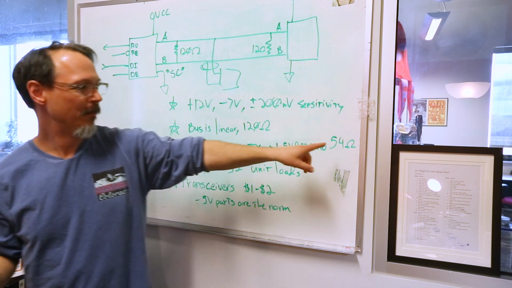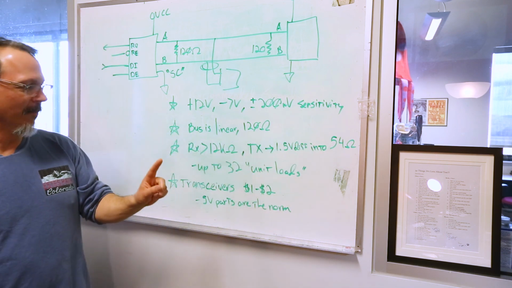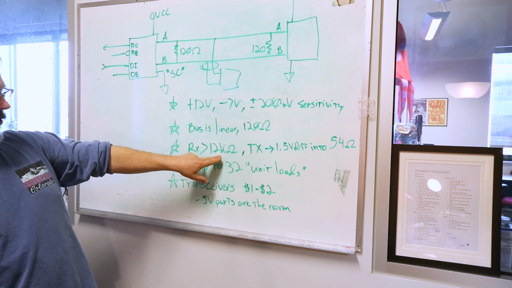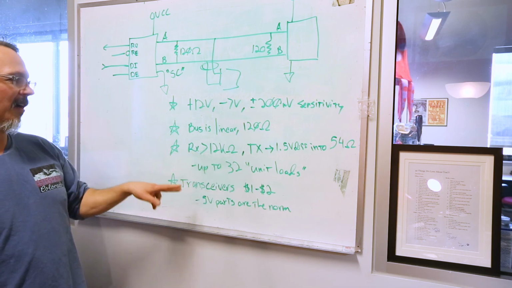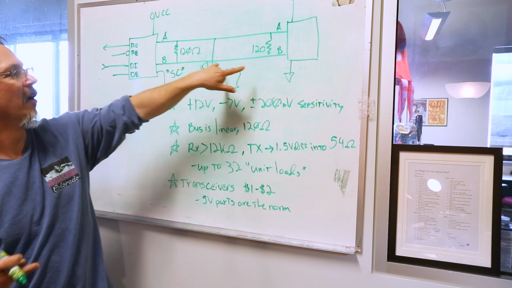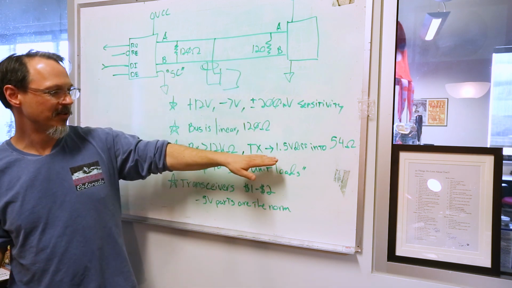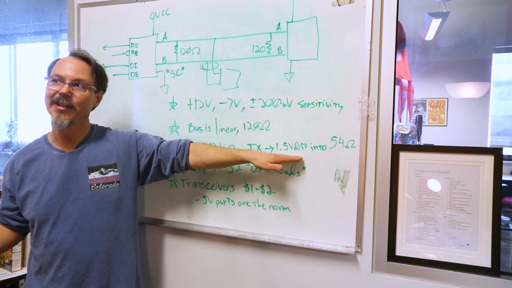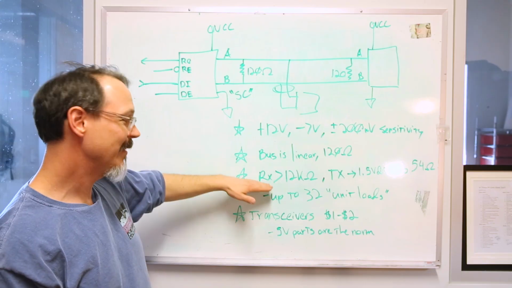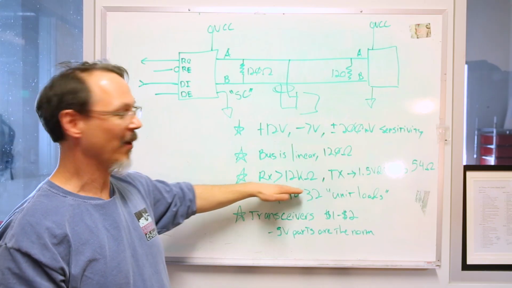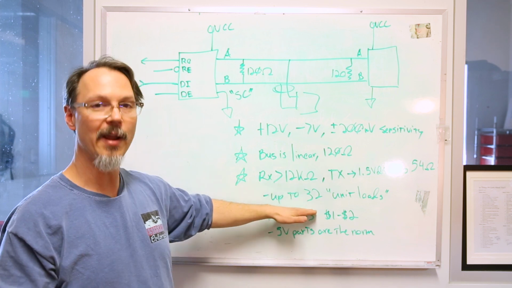Now, 54 ohms comes from 32 12K loads in parallel with the two 120 ohm termination resistors, okay? That's why the transmitter has to be able to drive at least that much. And that's why the receiver has to be greater than 12K. It's to allow that number.